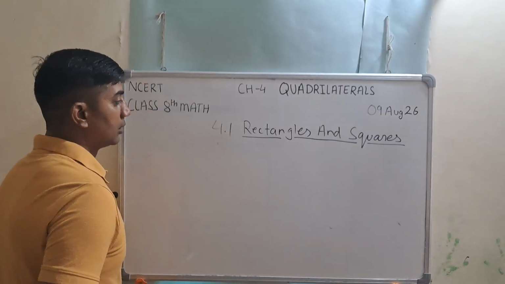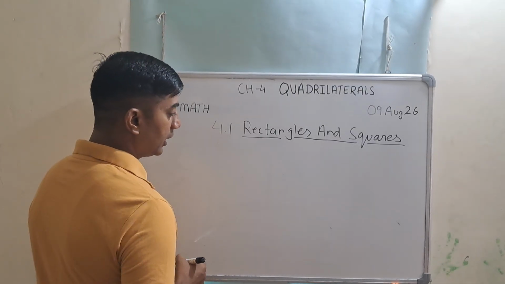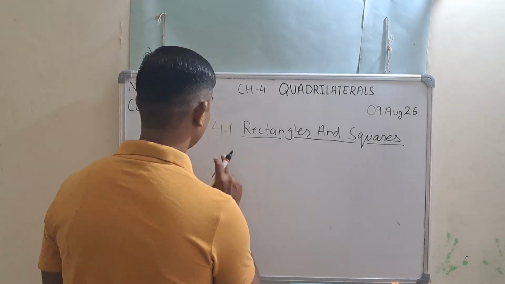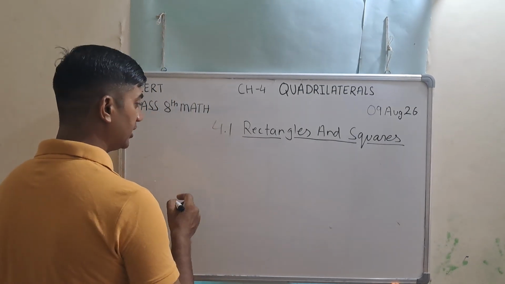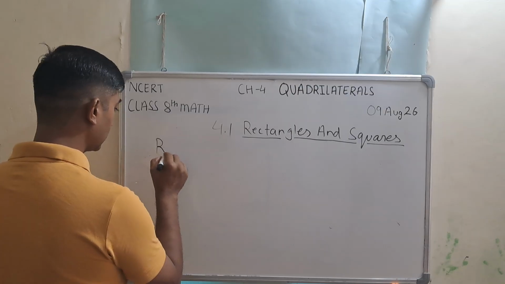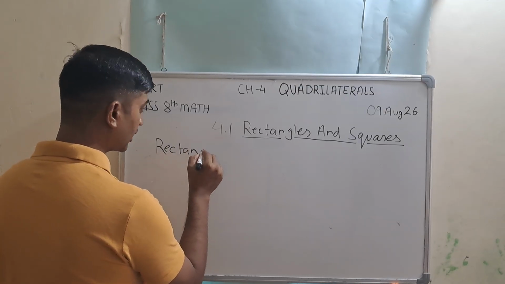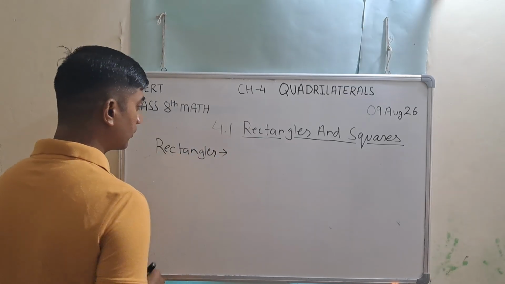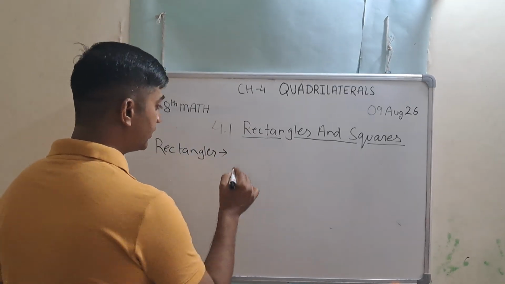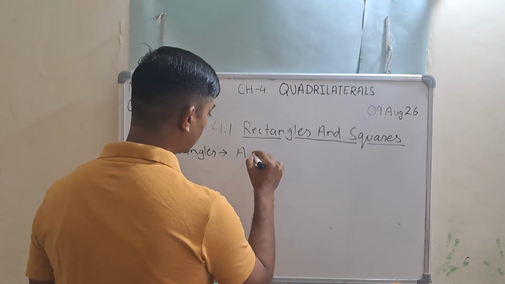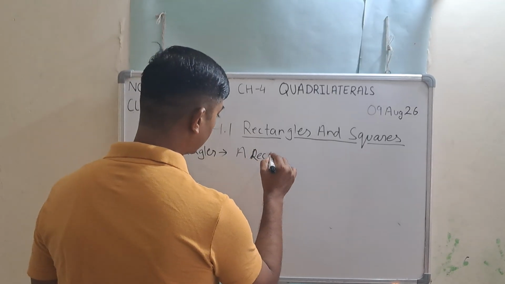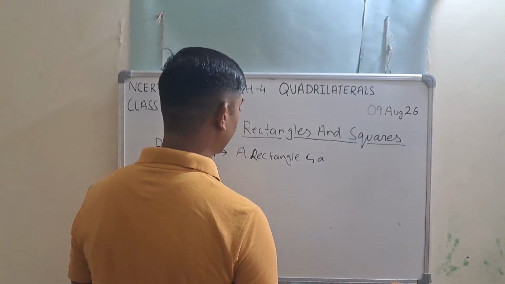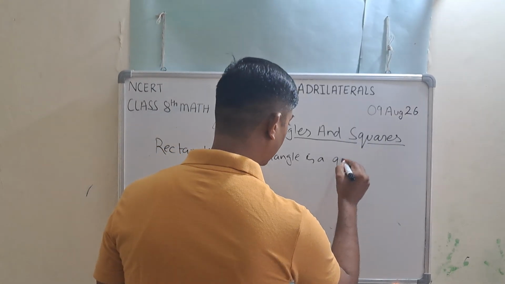Now they have given us the definition of a rectangle. What is the definition of a rectangle? Let me write it down. A rectangle is a quadrilateral.